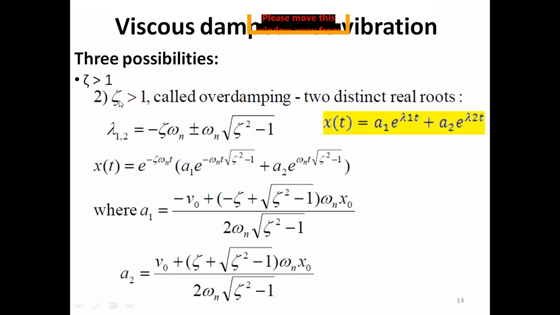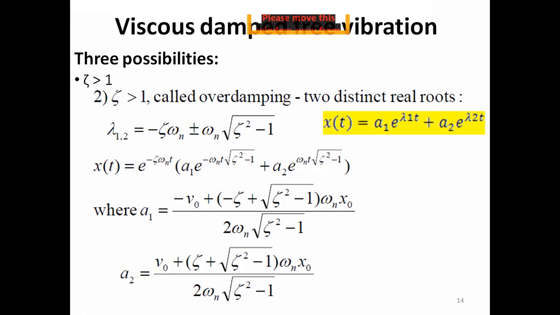Second possibility, when zeta is greater than 1. This would happen when C is greater than Cc, when the actual damping in the system is more than the critical damping. Then zeta would be greater than 1, and this is called overdamping, and the system is known as an overdamped system.